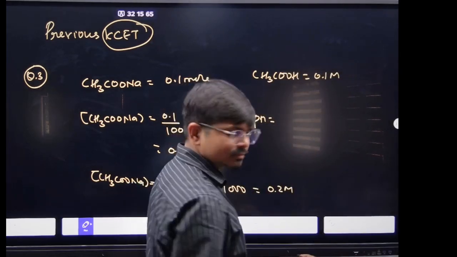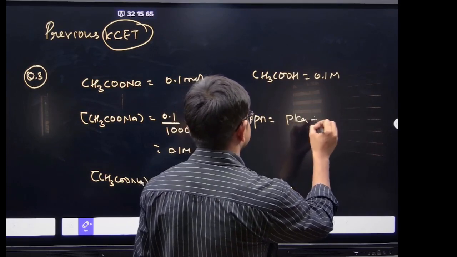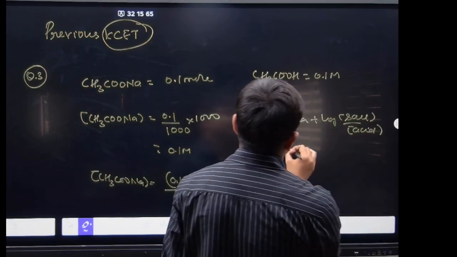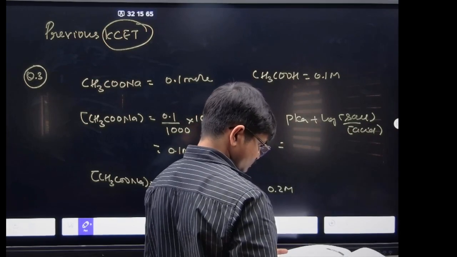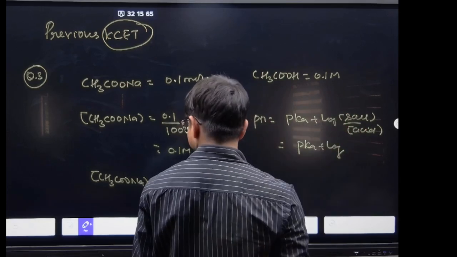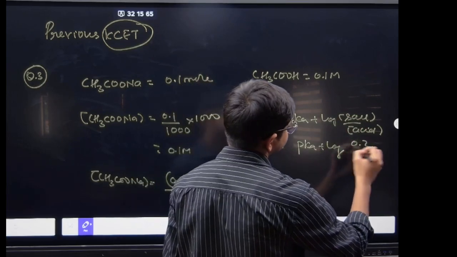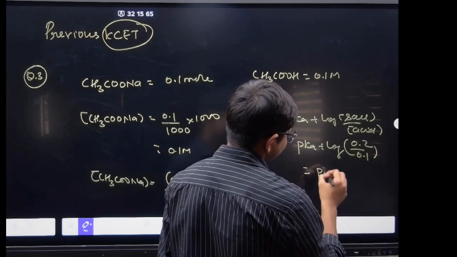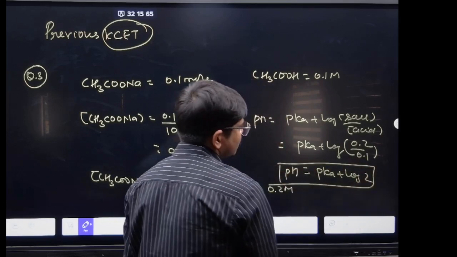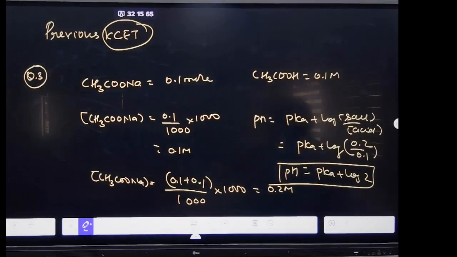Acidic buffer, right? pKa plus log of salt by acid, which is equal to pKa plus log of 0.2 divided by 0.1. Clear, pH is equal to pKa plus log 2. Which option then? Clear? Question number 4.